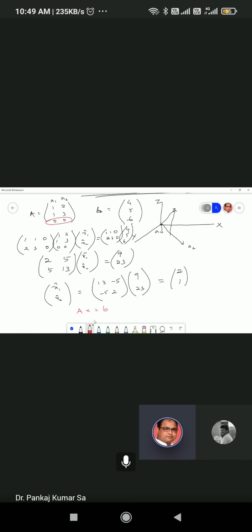X is 2 1, A is 0 0, and this is what the error is, 6. So this is something like 0 times 2 plus 0 times 1 is equal to 6. This is what your error is.